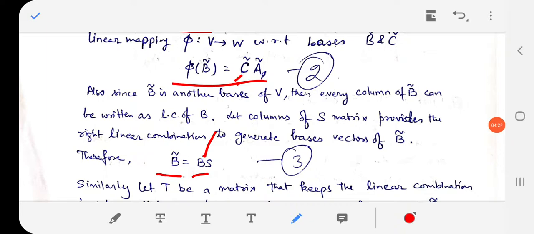So B is the basis vectors with respect to basis B, and B tilde is the basis vectors with respect to V, only the same vector space, but they might be different. So the linear combination of one can generate the other, right? So this is what it is.